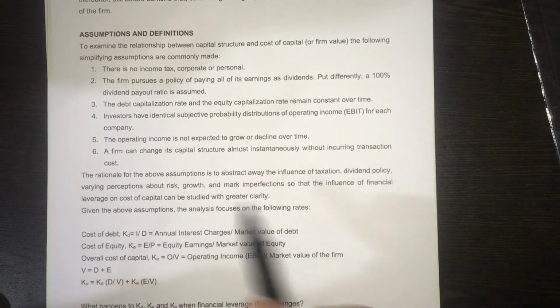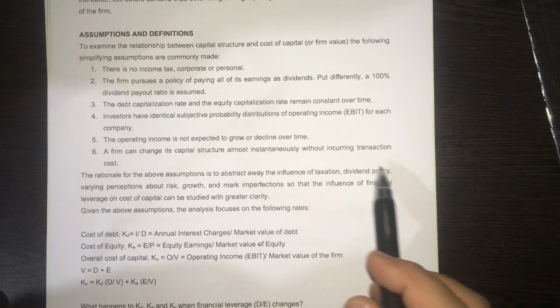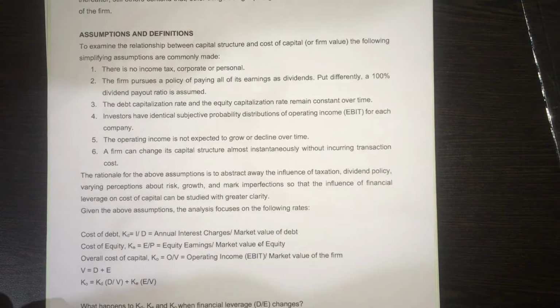And another assumption is that a firm can change its capital structure almost instantaneously without incurring transaction costs. So if I want to change my debt equity ratio, let's say from 1:1 to 1:2, I can do it in a flash without incurring any transaction costs. But again, in reality, that is not true.